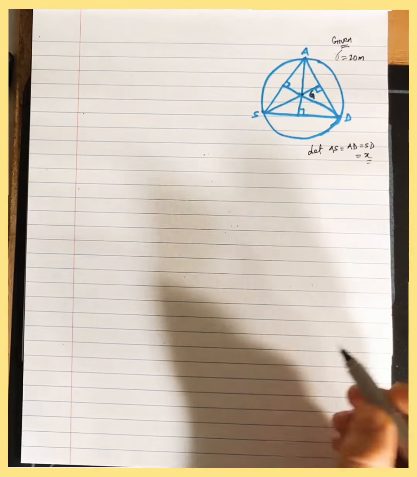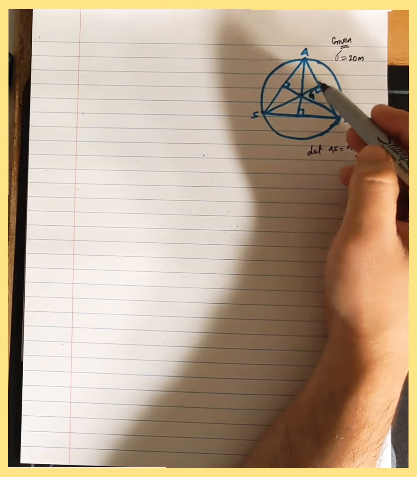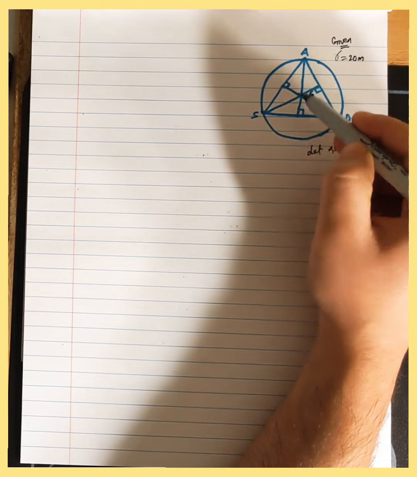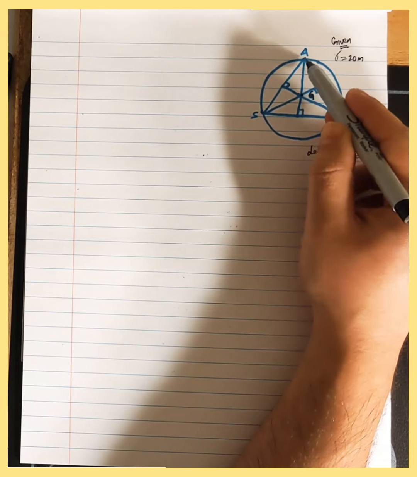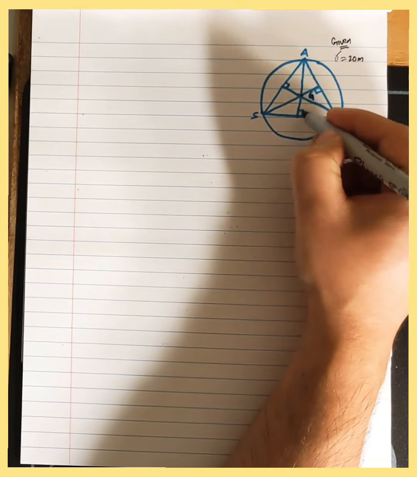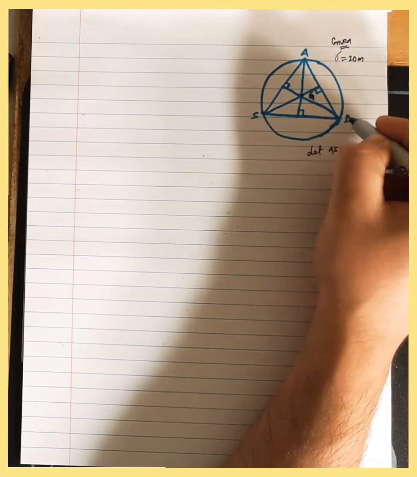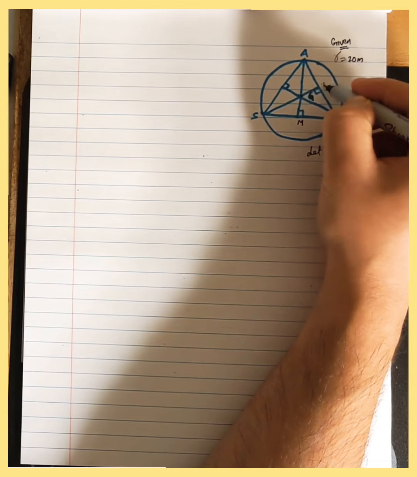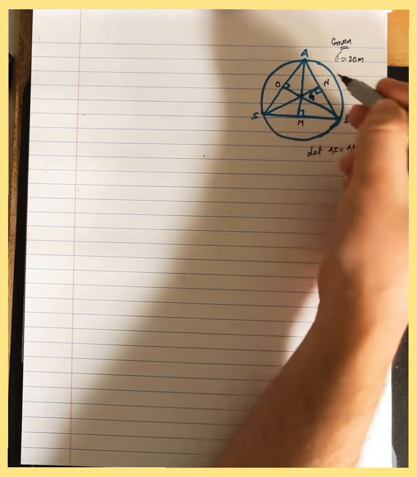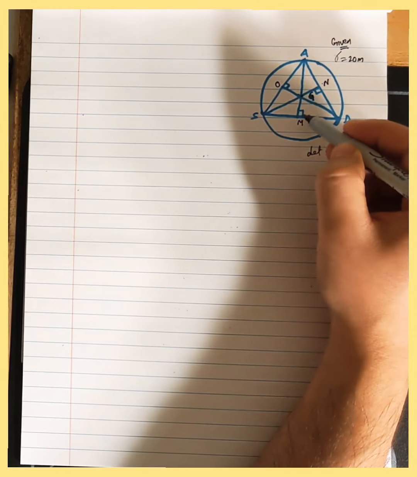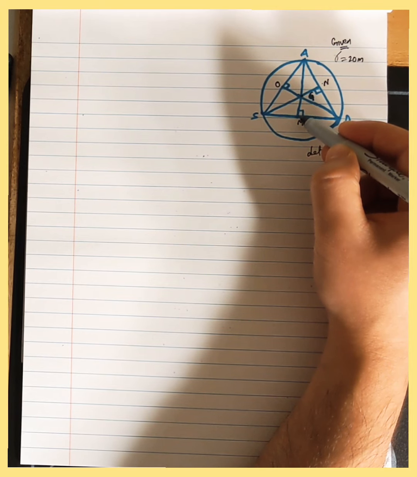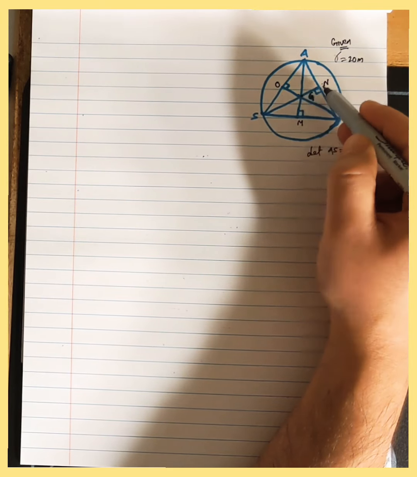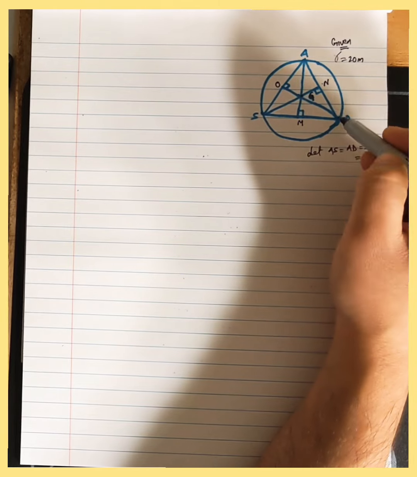Why is this G? Because if you notice these lines, let's say this line intersects SD at M, and this intersects at N, and this intersects at O. So AM is basically the perpendicular bisector here, and the same can be said of SN and OD.